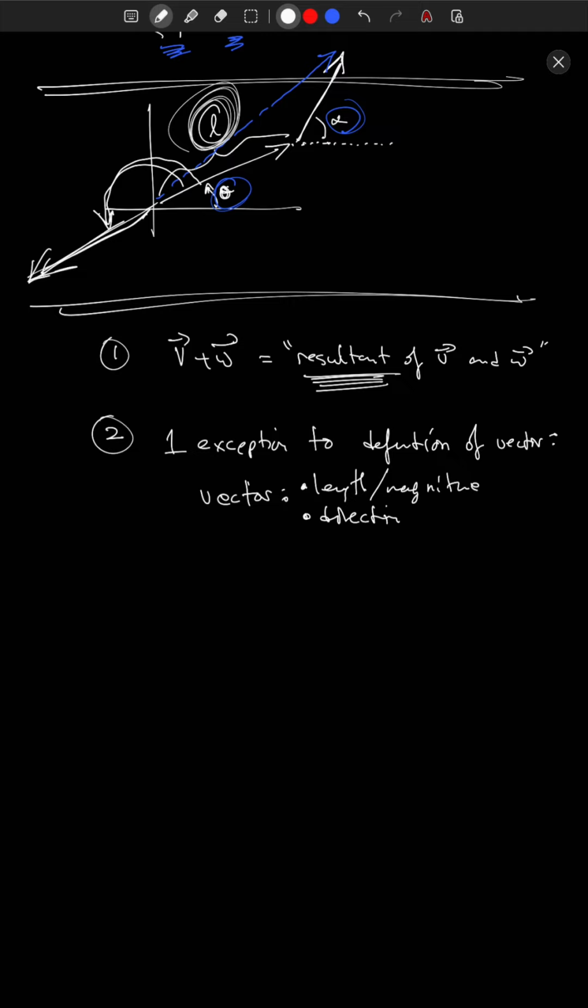But there's actually one vector that is an exception to this, and that's the zero vector. So I'm going to indicate it like this, zero vector, right? So that's a zero there with an arrow on top, all right?